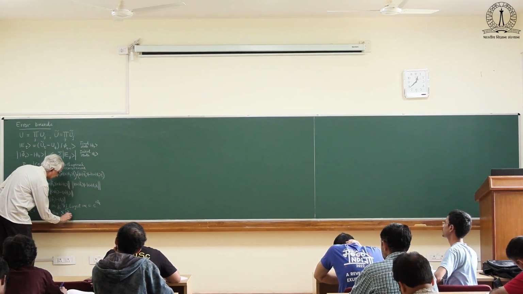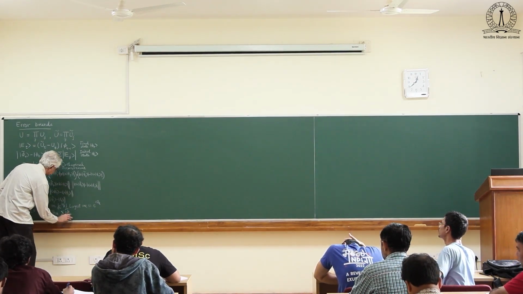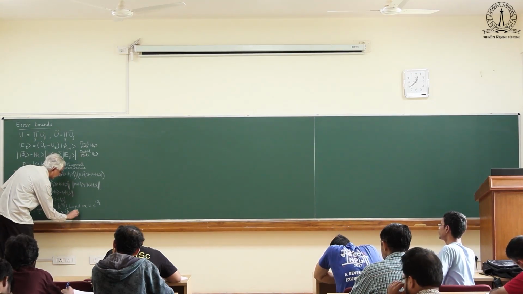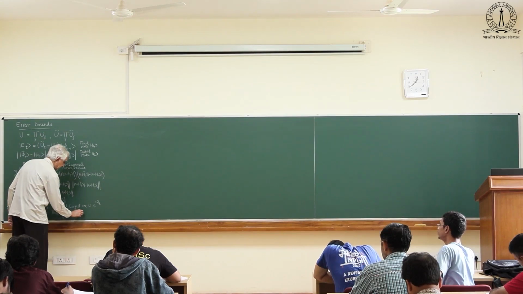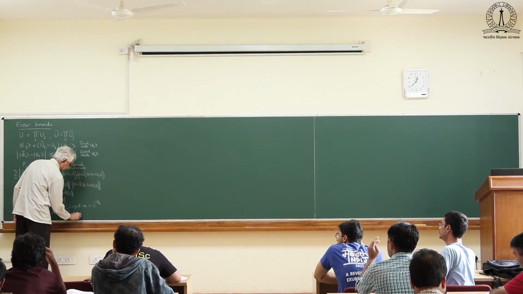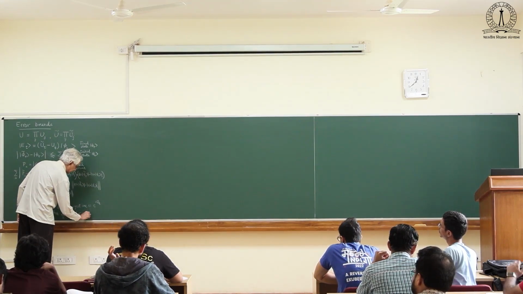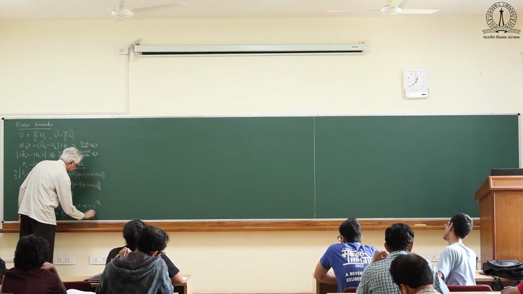P tilde A minus PA is less than or equal to 2 times T times epsilon.